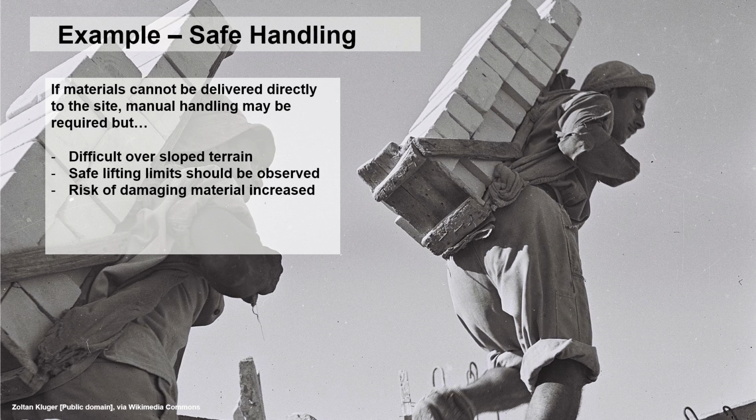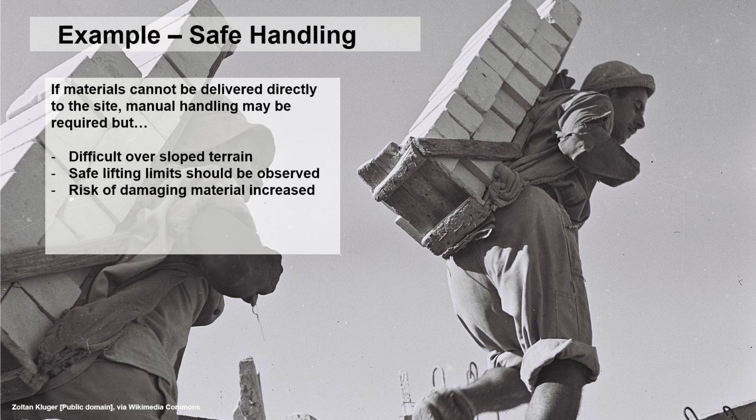We also need to consider what safe lifting limits are. The guys that you see in the photograph here are building a wall in Tel Aviv, which I think was actually 1957, so long before we had considerations of health and safety. Nowadays, we would be looking at a safe one-man lift of 20 kilograms, which is about the size of one concrete block.